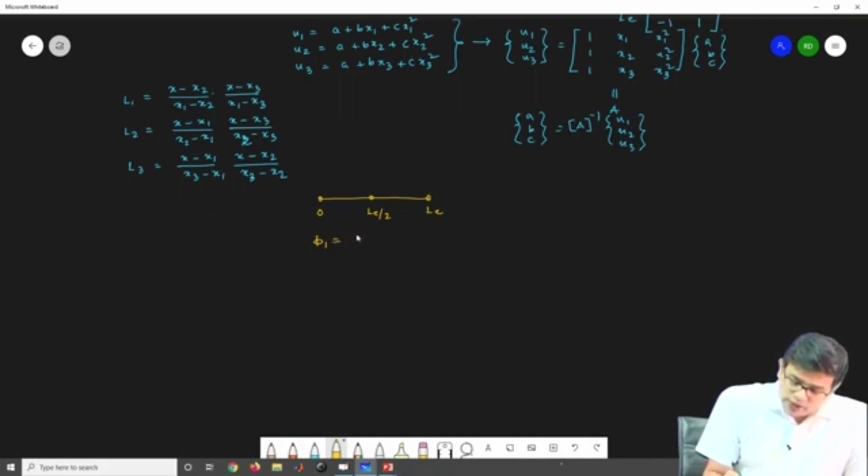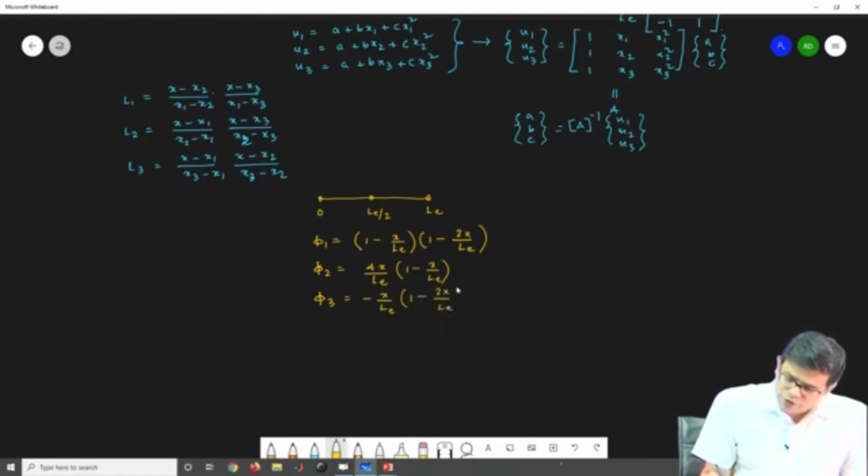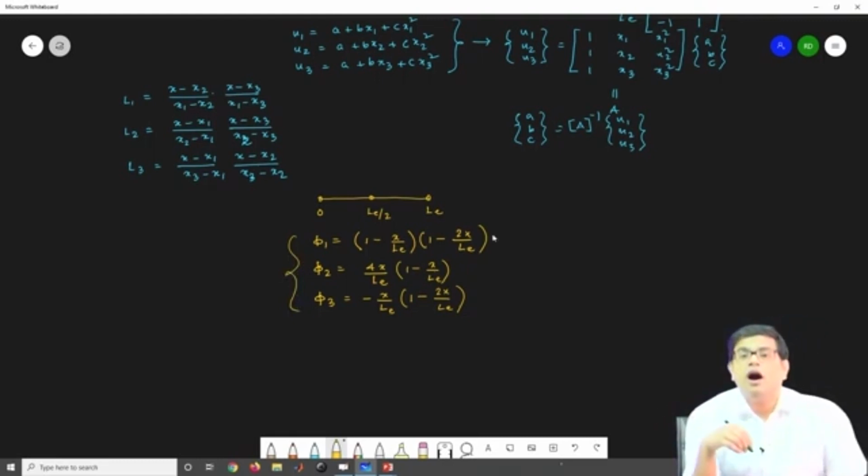So that is phi 1 equals (1 minus x by LE) into (1 minus 2x by LE), and then phi 2 is 4x by LE into (1 minus x by LE). So phi 3 is minus x by LE into (1 minus 2x by LE). So if you see, there are three shape functions. These are quadratic shape functions.